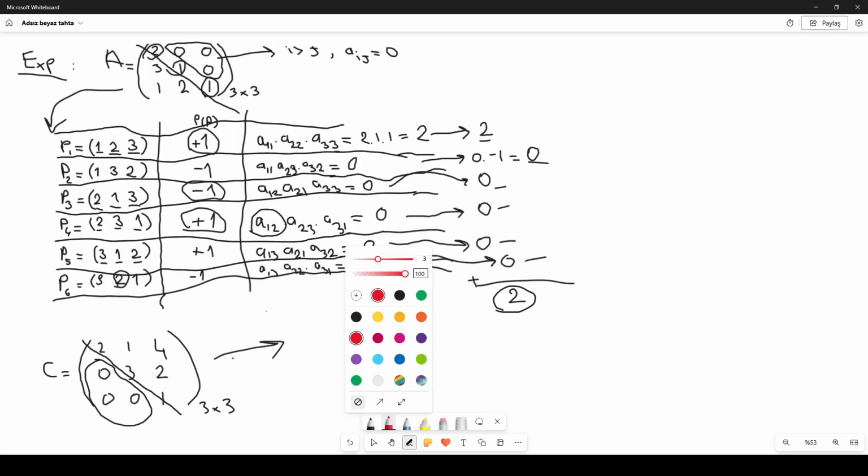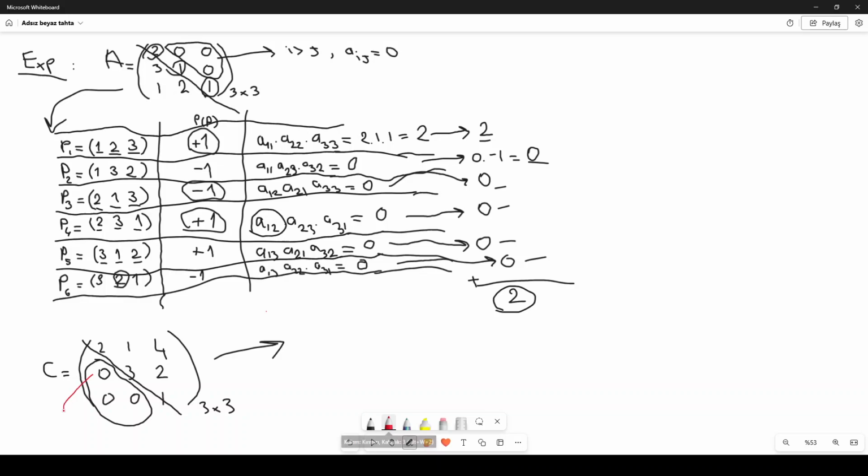If you notice, guys, this time, which components are equal to 0? Since they are all below the main diagonal, we have A21 equal to 0, A31 equal to 0, right? And also A32 equal to 0.